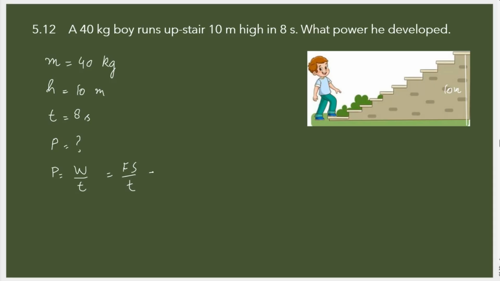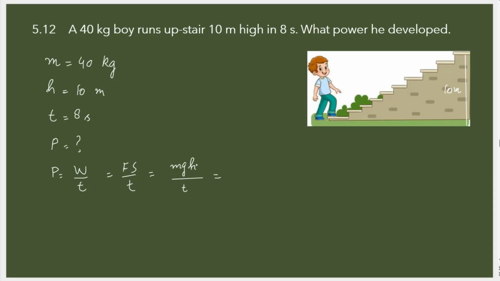Since now he is not moving in the horizontal direction, he is moving in the vertical direction, so S will be h, and the force which he will apply on his body to lift it upward will be equal to its own weight, and the weight is represented by mg. So the work will be equal to mgh, and dividing by time we will get the power.